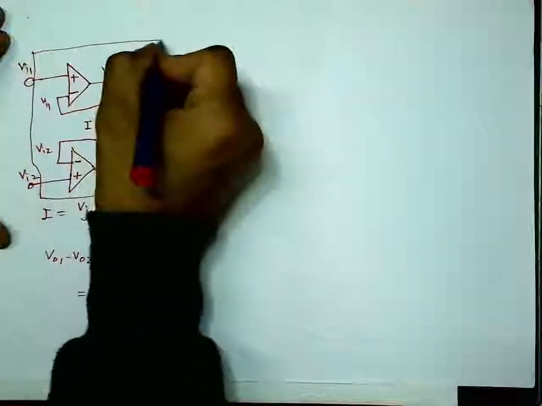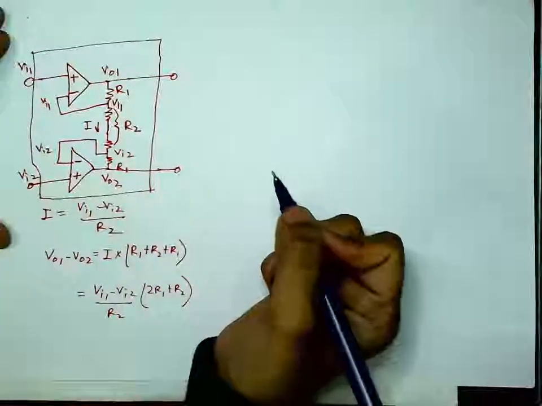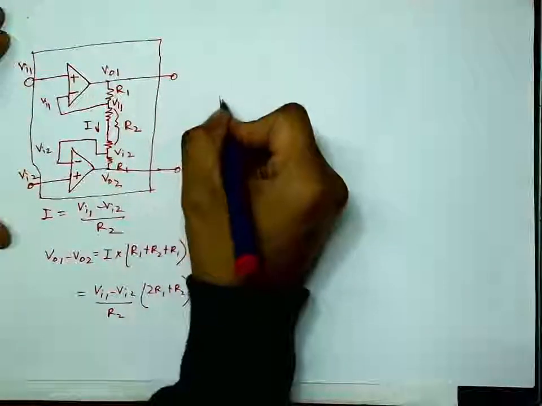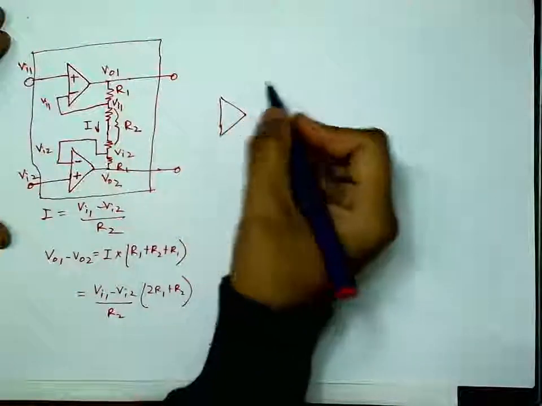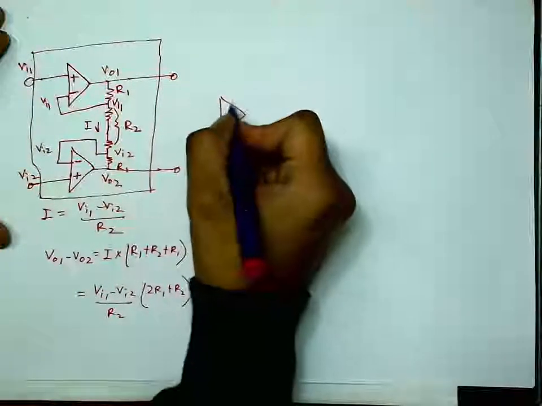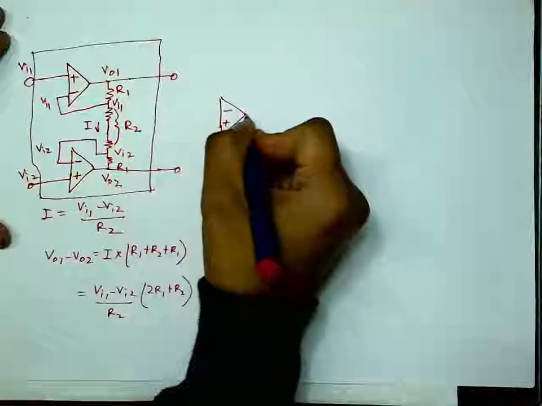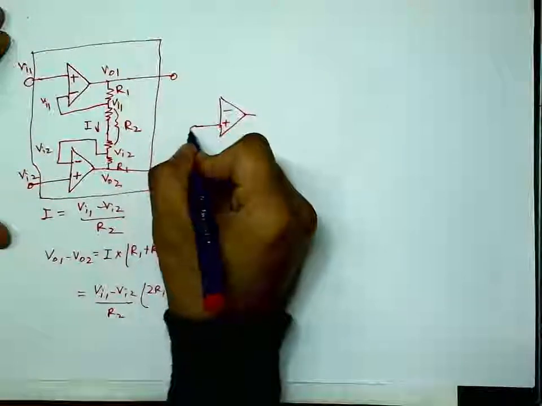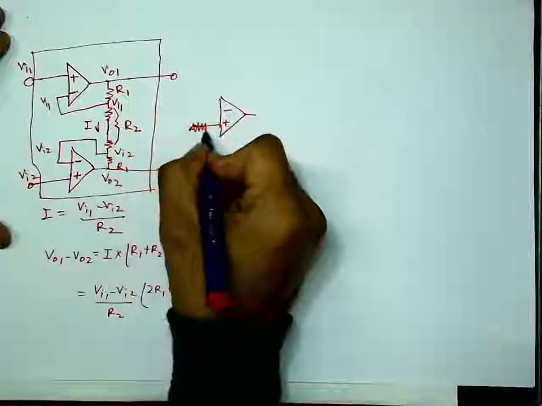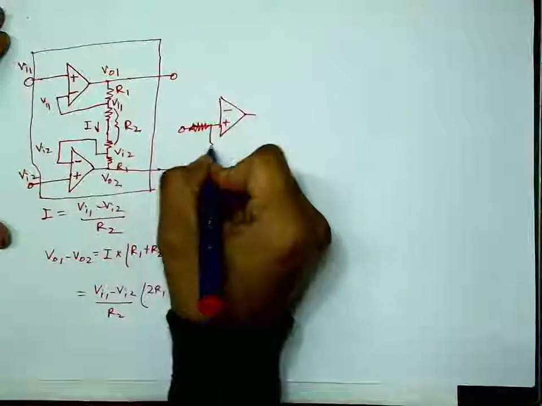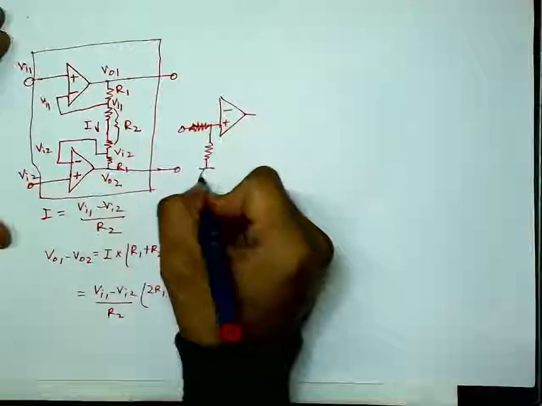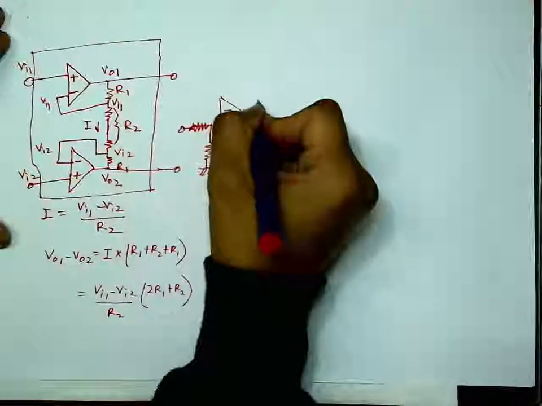I put it in a box. And stage 2 is just a difference amplifier with a single op amp. So it will have two inputs, minus, plus. I need a potential divider here and a feedback.